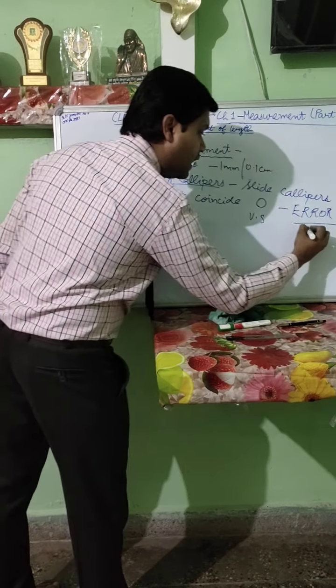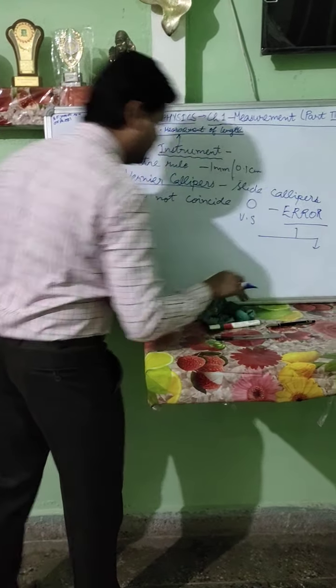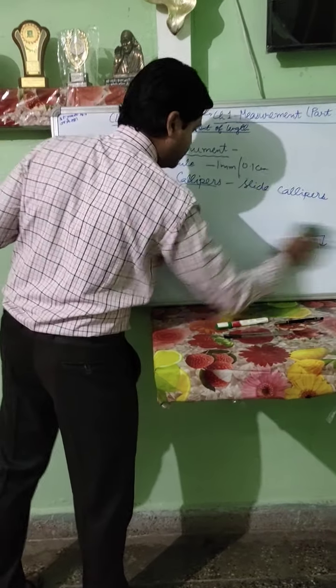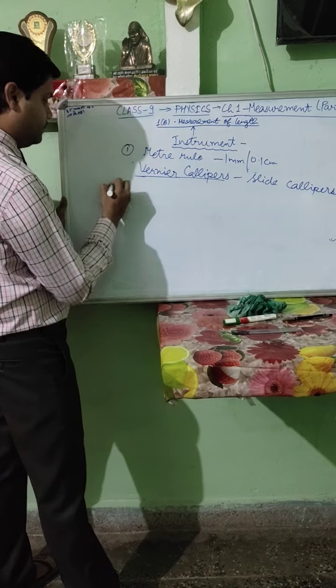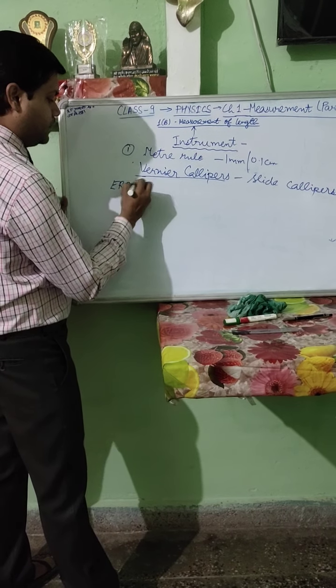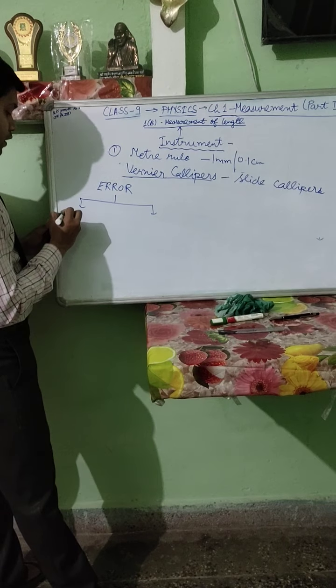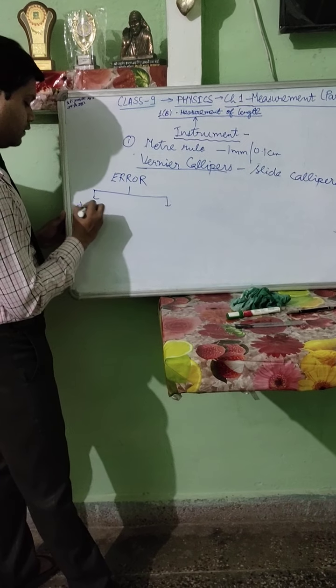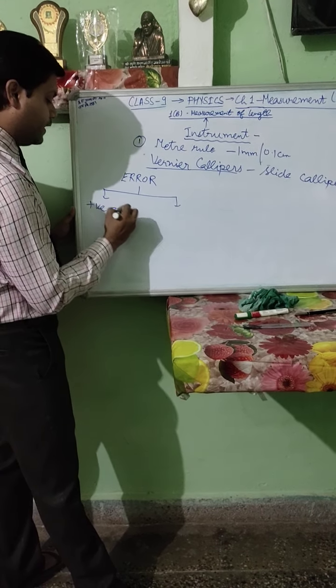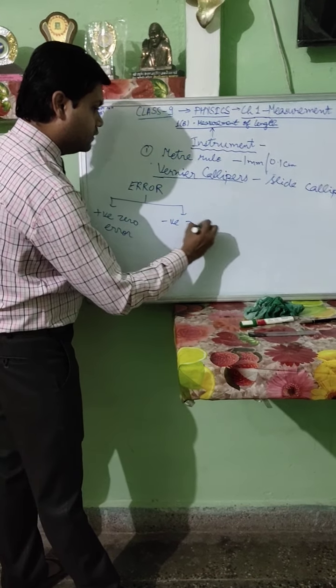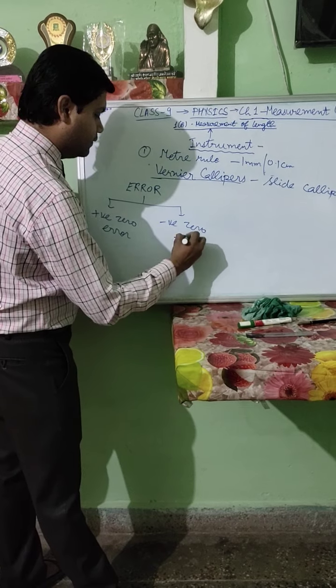So errors are of two types. What are those two errors? Positive zero error and negative zero error.